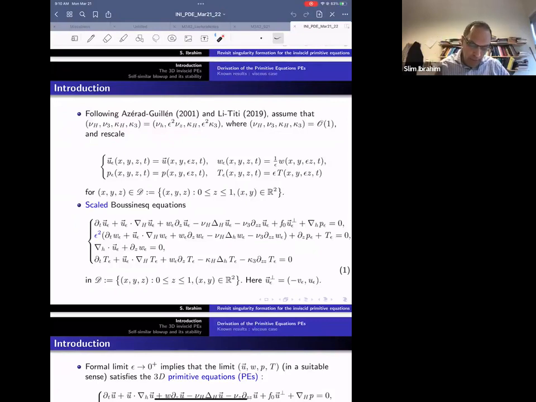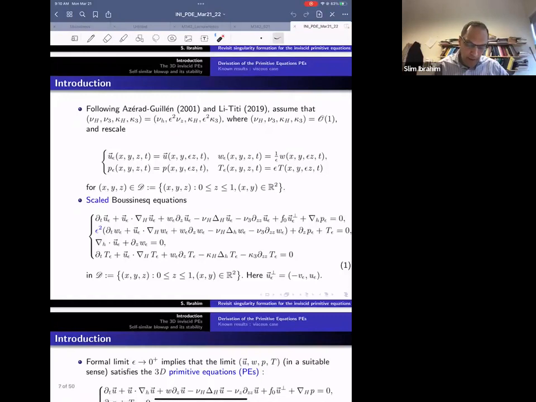So Azerad, Guillén, and Li and Titi quite recently rescaled the vertical viscosity by introducing this parameter epsilon, which is the depth versus the horizontal length scale.